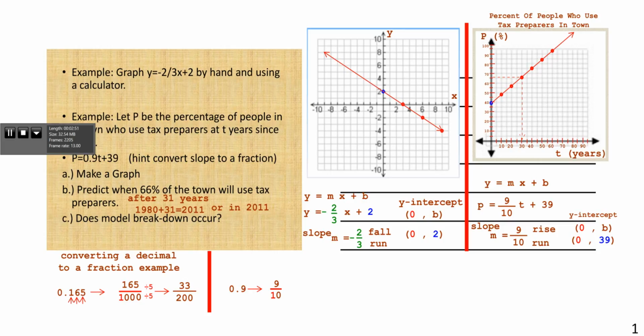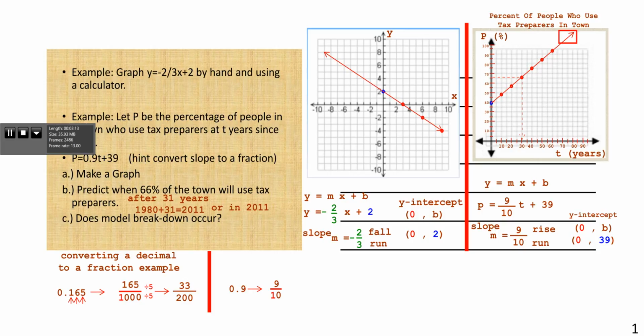Okay, so in that case, is there anywhere else that it could make no sense or be sort of erroneous looking or oddly looking? So let's see, can we have more than 100% of the population use tax preparers? Probably not, right? We can have just 100%. In other words, the total population of the town use tax preparers. But we couldn't have more than 100%.